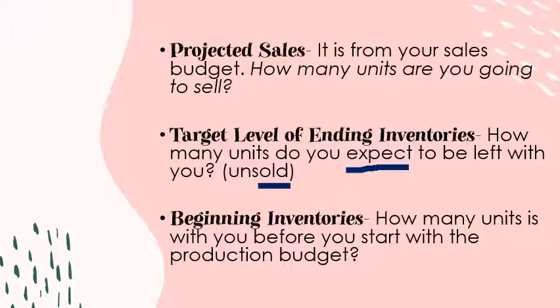Or these are goods that left unsold. And when we say beginning inventories, how many units is with you before you start the production budget? Or when we say beginning inventories, this is your ending inventories from the previous month. Okay? So that's how you do the sales budget and production budget.